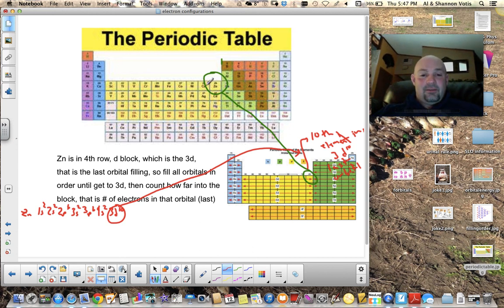If it was a different element like cobalt, it would be 3d7. If it was titanium, it'd be 3d2, because it's however far into the block the element is. So all you have to do is count how far in the block your element is, and that's how many electrons are in that orbital. So how many electrons would be in the last level of phosphorus, the 3p? If you said 1, 2, 3, 3p3, you were correct.